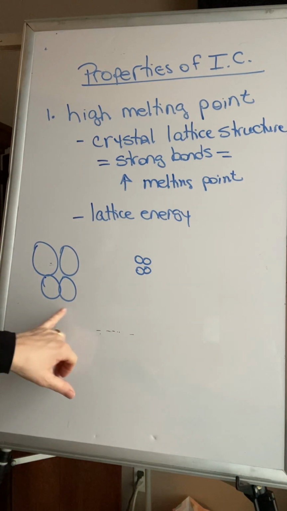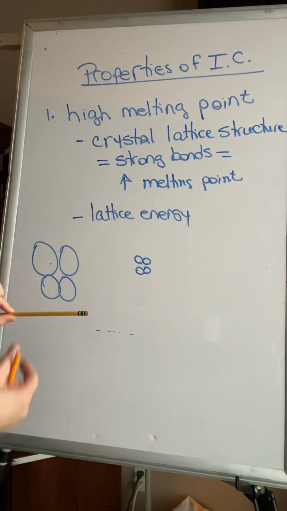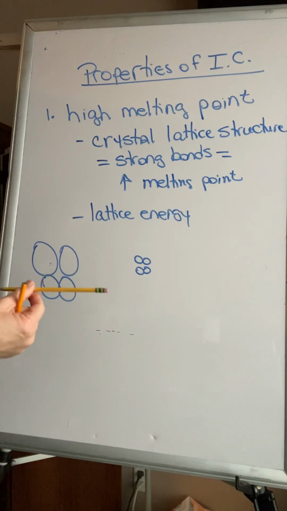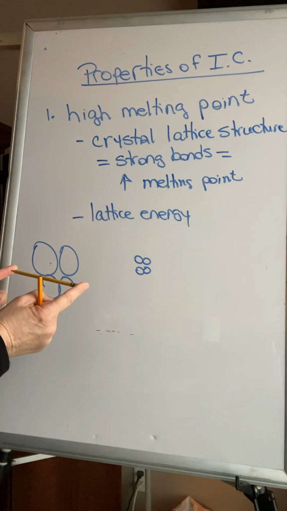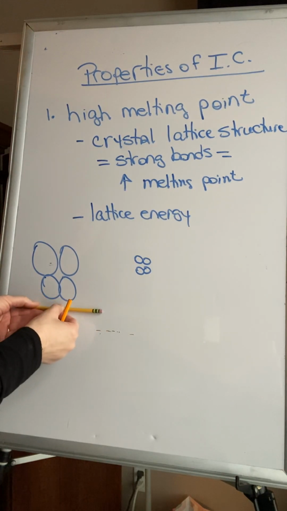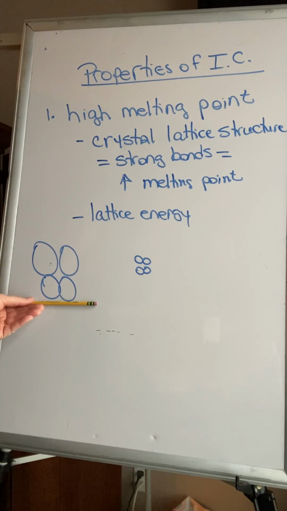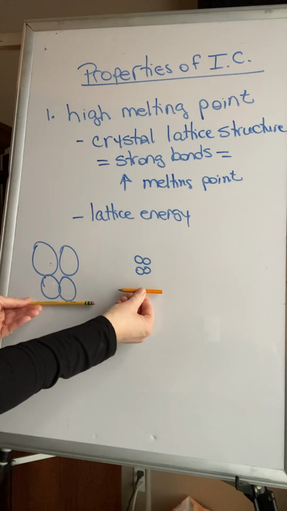If you have large versus small, the bonds that are holding those together are going to be different as well, okay? So if you have large atoms, if we picture this pencil as a bond, or the amount of strength pulling that together from the electrons, think of it as a larger bond because we have larger atoms. If you have smaller atoms, you'll have a smaller bond.